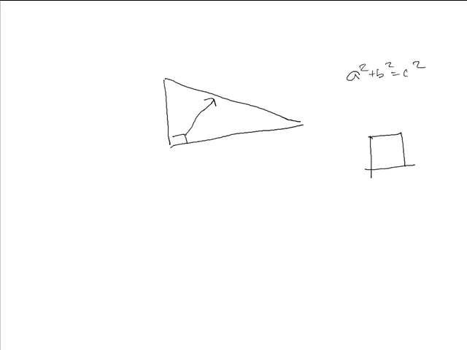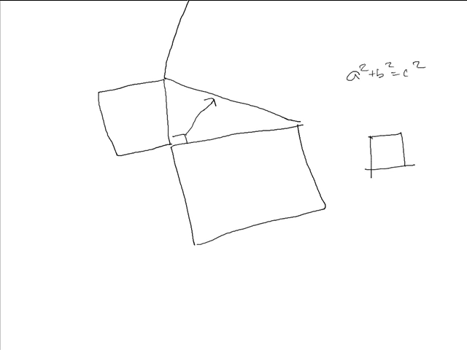What he meant was, if you draw a square that has side length equal to each of the two legs, you get two squares here. We're also going to draw a square on the hypotenuse. Yeah, it's a little bit out of scale, but it works. Okay, so draw a square up here.